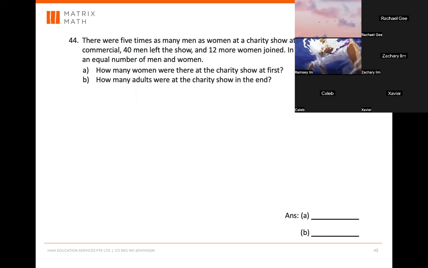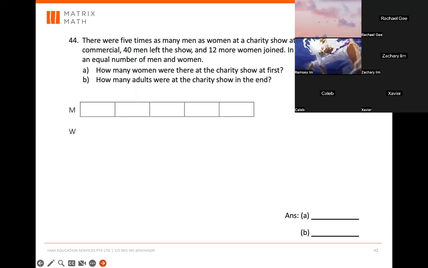So at first, which is your before, men is actually 5, and women will be 1. So here you go. So what happened was that during the show, 40 men left and 12 more women joined.